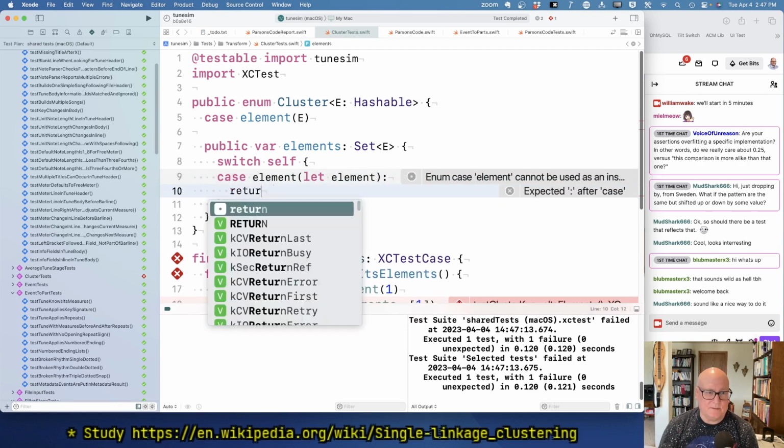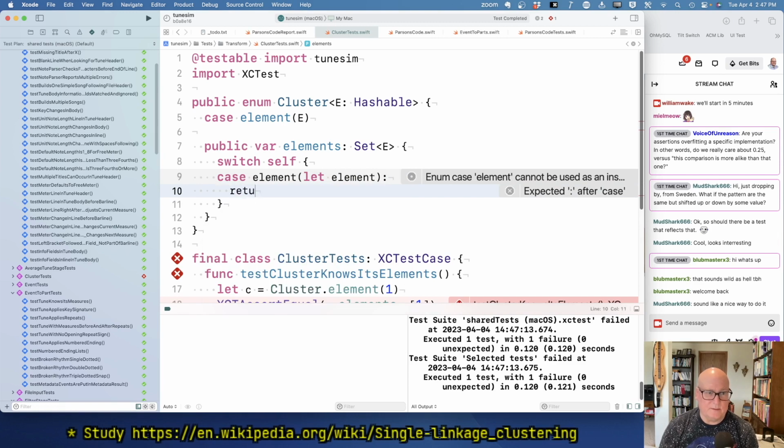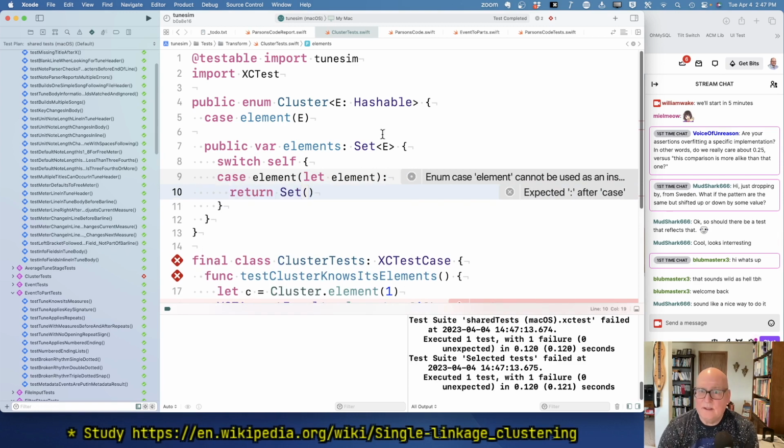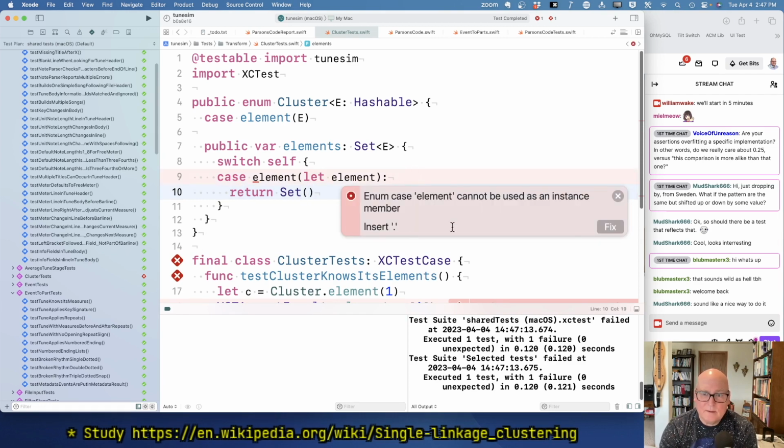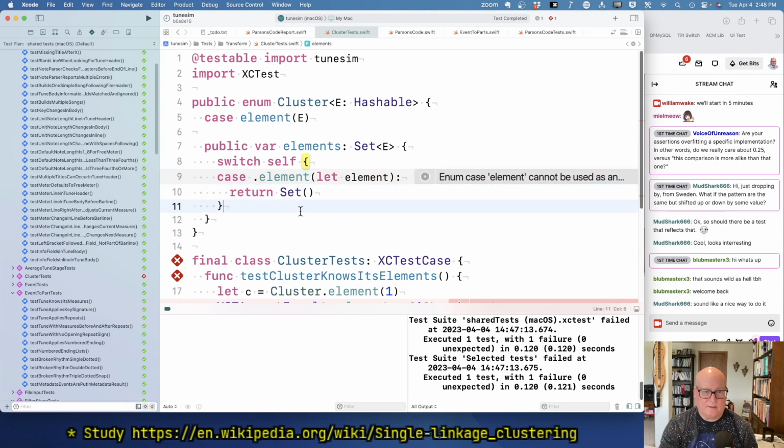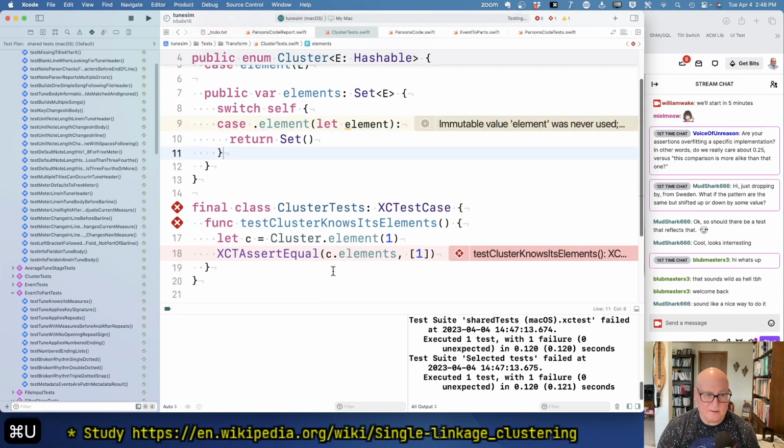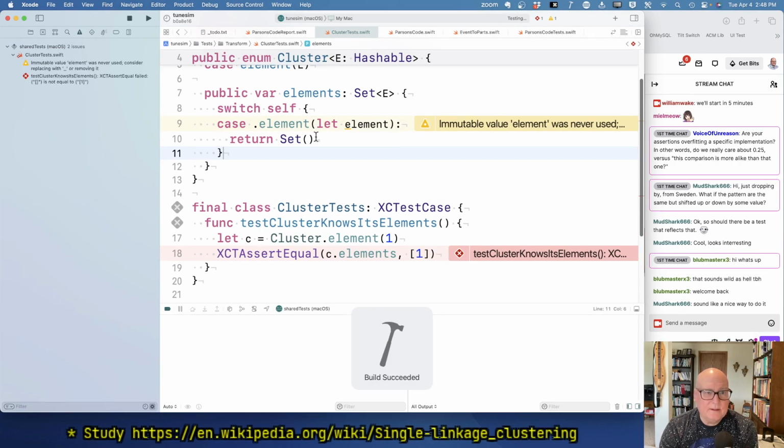Let's return, yeah, return set. Just expand this. Okay, should fail the same way. Right, I'm ignoring it. Okay.